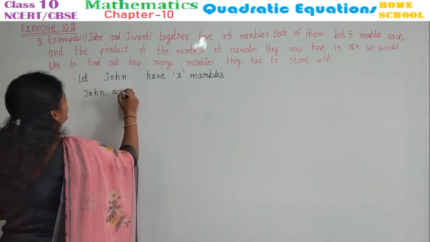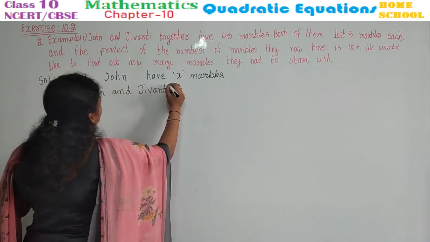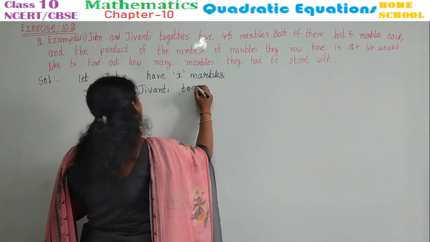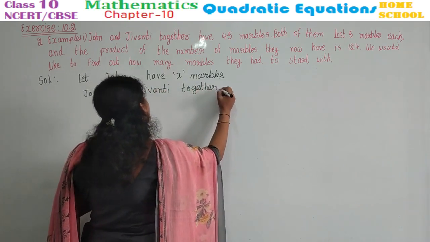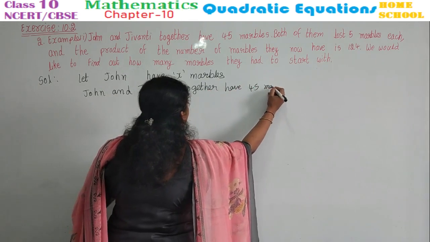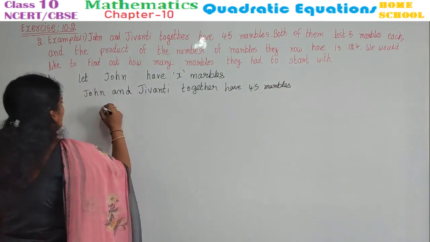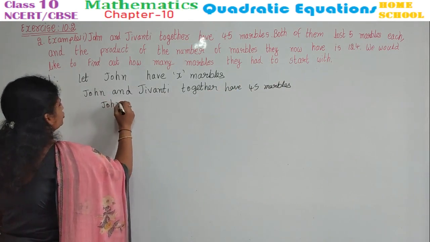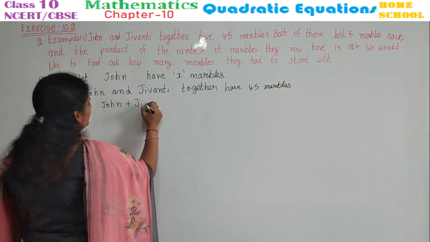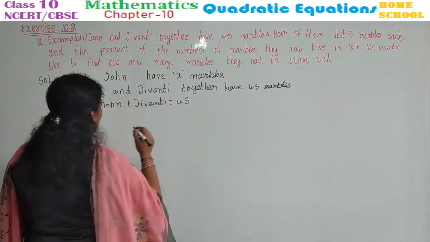John and Jeevanti together have 45 marbles. How can we write this? I will write like this. John plus Jeevanti is equal to 45.